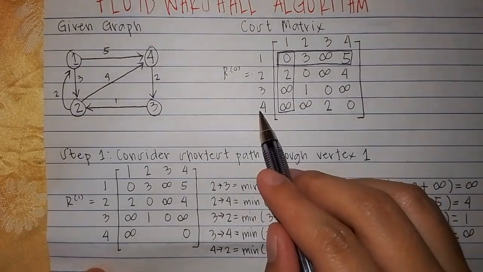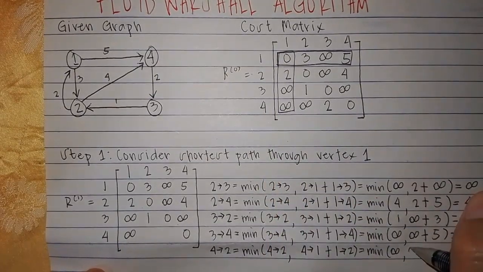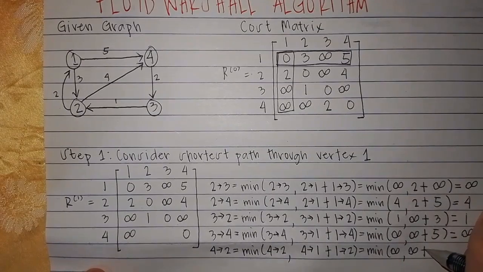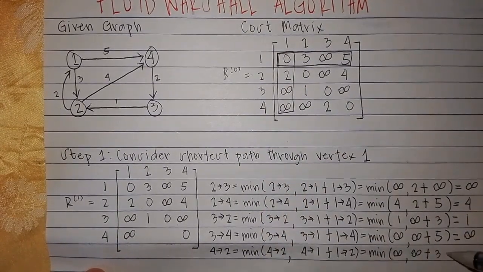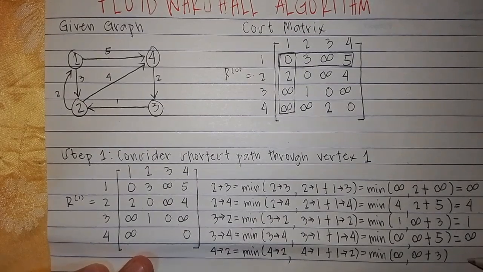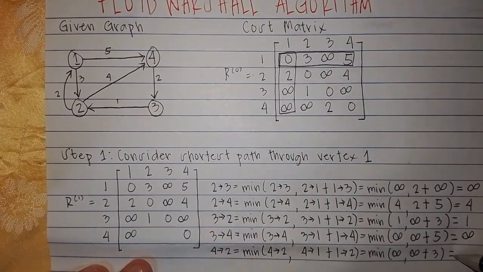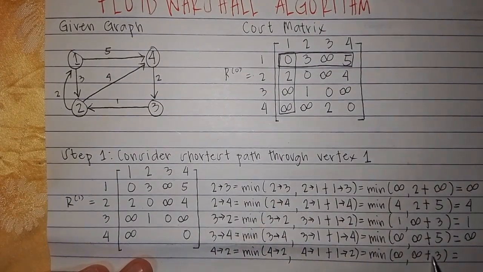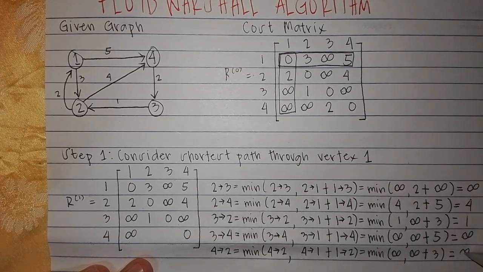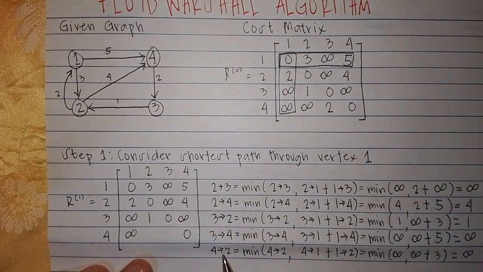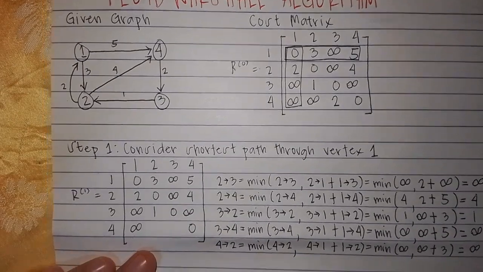And 4 to 1 is also infinite. Plus 1 to 2 is 3. So we will get this as infinite. So 4 to 2 was infinite.